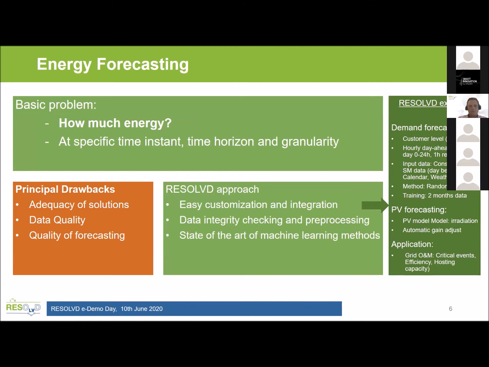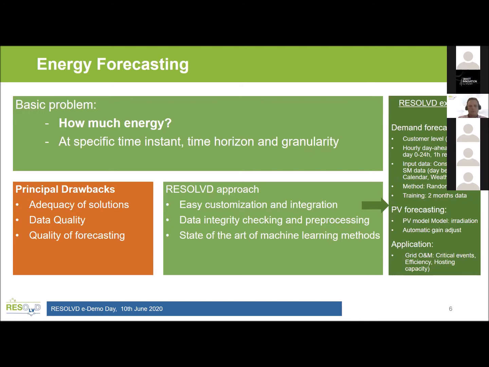Okay, just as an example, in the project on the right part of the slide, you could see the requirements for the application we have developed for the project. In this case, we wanted to do forecasting at the customer level. It means for each smart meter, we want to do forecasting of the energy demanded at this point.